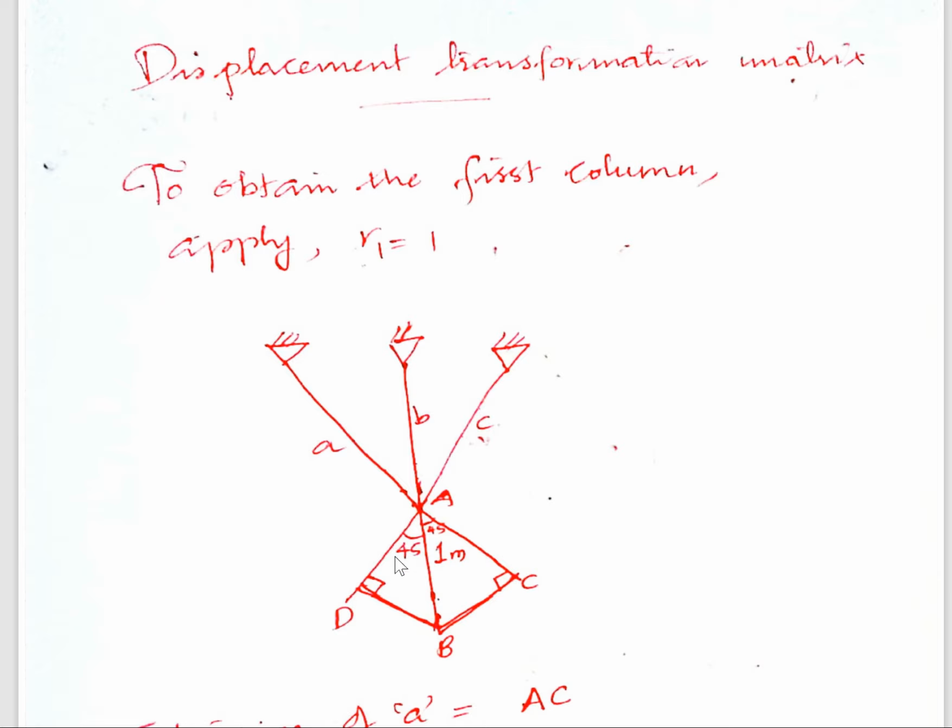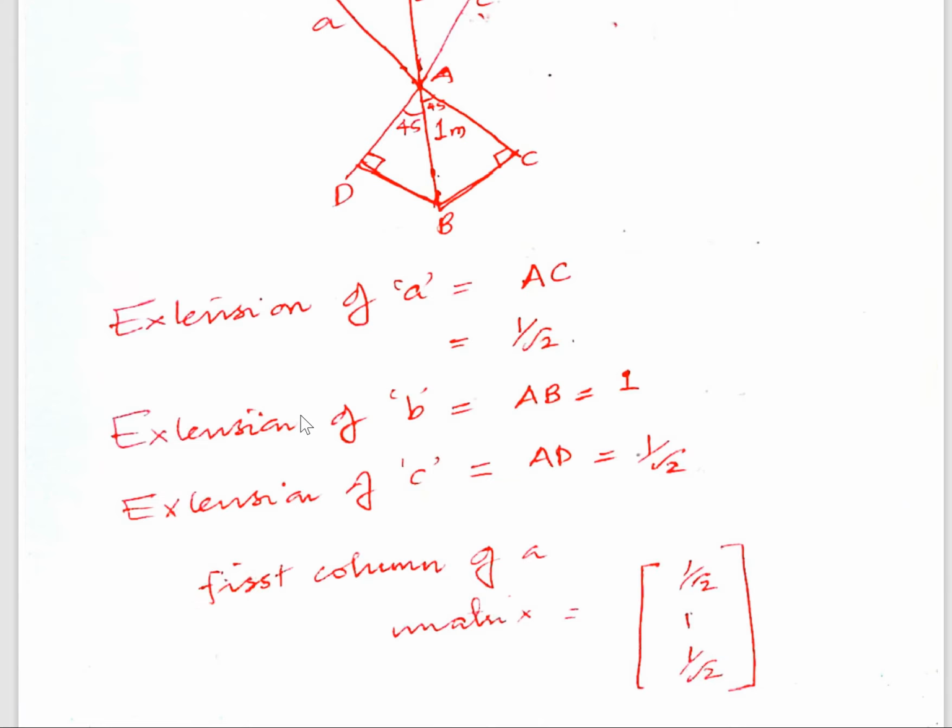Now from the triangle trigonometric relations we can find out AC and AD, that is the extension of A and extension of C respectively. So from the trigonometric relations, extension of small a is equal to AC, which is equal to 1 by root 2, that is cos 45 or sin 45. Then the extension of B, small b, is equal to 1, and the extension of small c is equal to AD, which is equal to 1 by root 2.